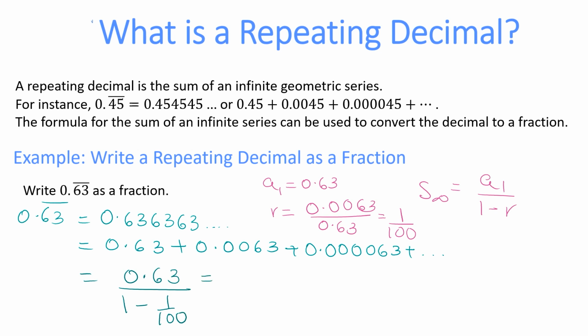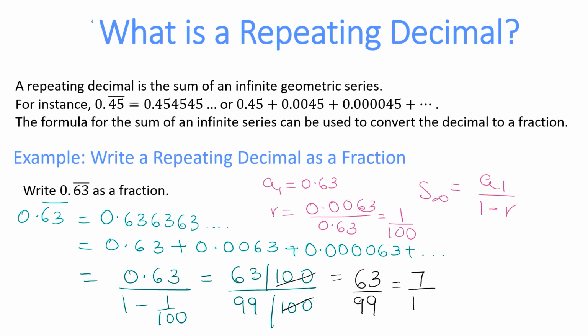So here this can be written as 63 over 100, and the denominator simplifies to 99 over 100. So here this gets cancelled. We get 63 over 99, which can be simplified to 7 over 11. So we have written the recurring decimal 0.63 recurring in the form of a fraction as 7 over 11.